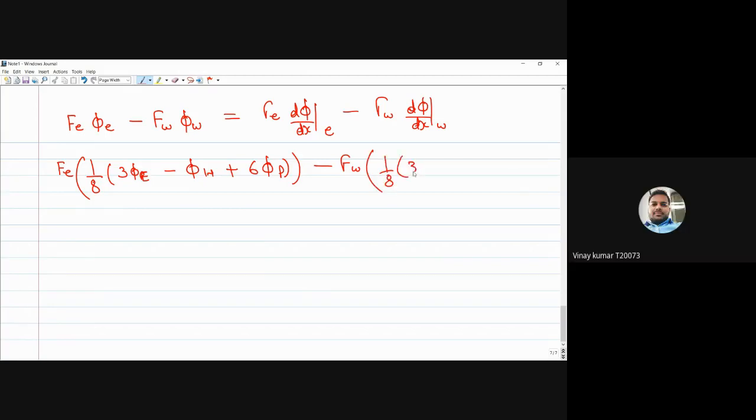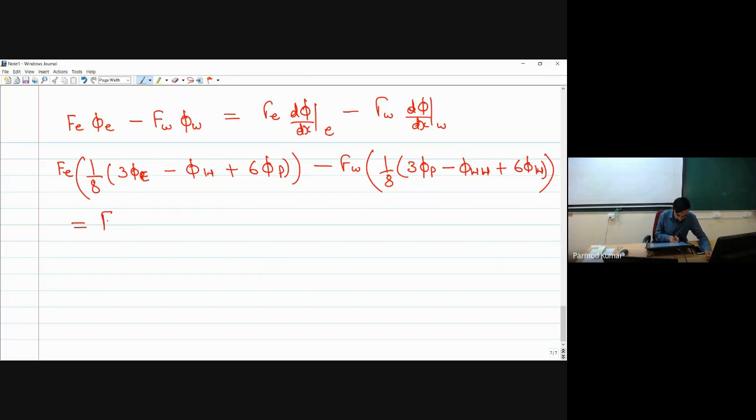Sir, it will be 1 by 8 whole bracket 3 phi P minus phi W plus 6 phi W. Equal to gamma E by delta x times phi E minus phi P minus gamma W by delta x into phi P minus phi W.